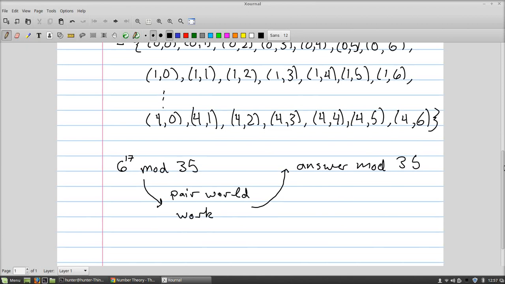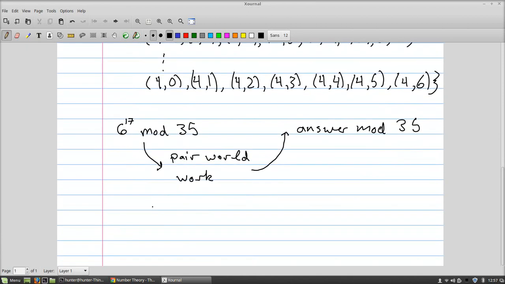Okay, so let's see how this is going to work. We need a map between Z mod 35 and Z5 cross Z7.